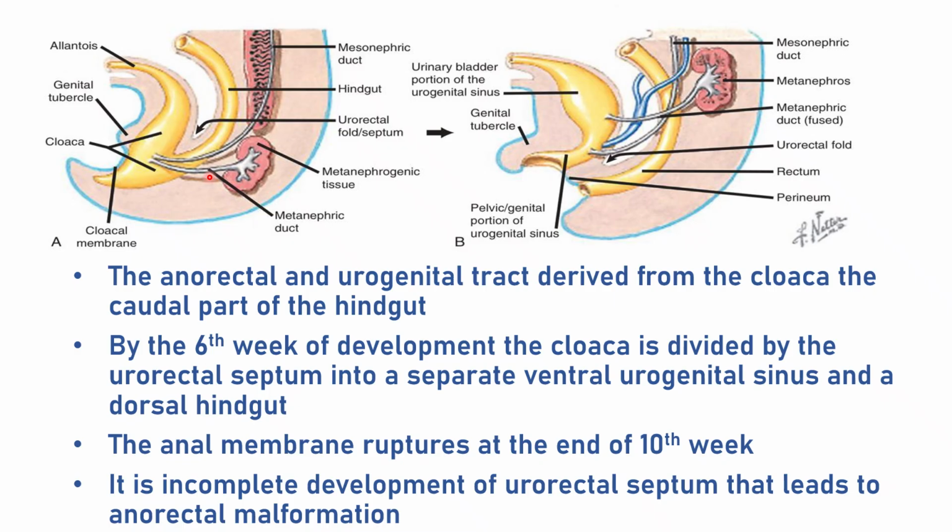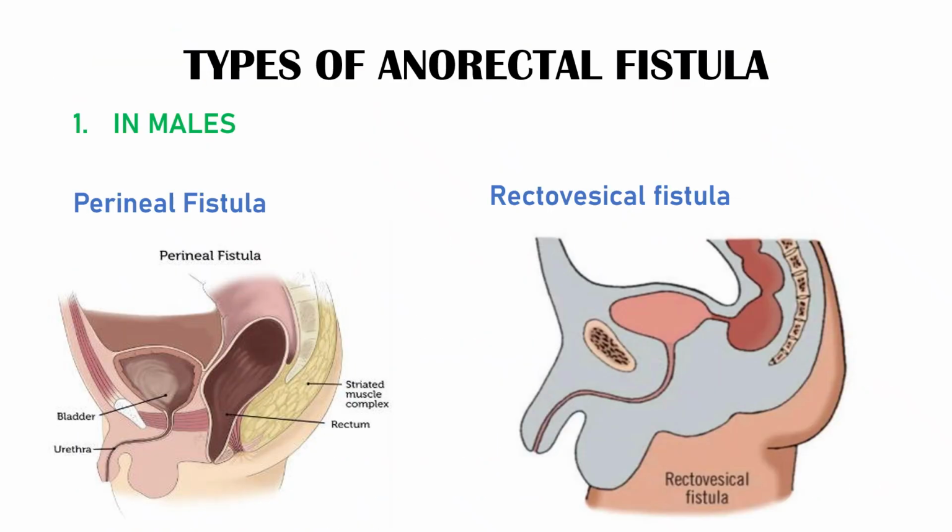Anorectal and urogenital tract are derived from the cloaca, the caudal part of the hindgut. By the 6th week of development, the cloaca is divided by the urorectal septum into a separate ventral urogenital sinus and a dorsal hindgut. The anal membrane ruptures at the end of the 10th week. It is incomplete development of this urorectal septum that leads to anorectal malformation.